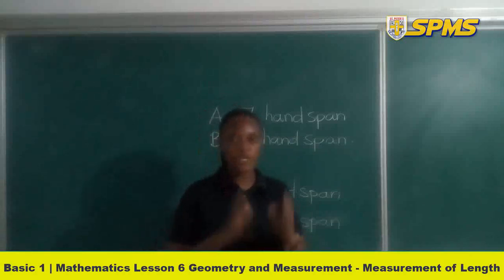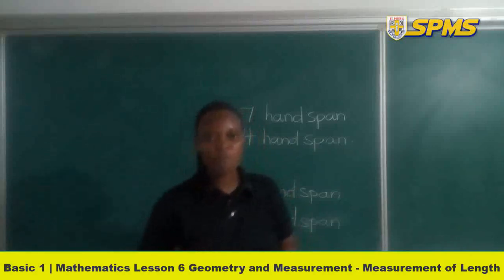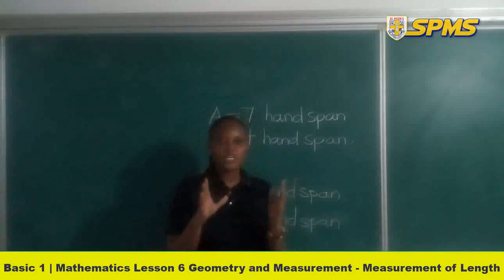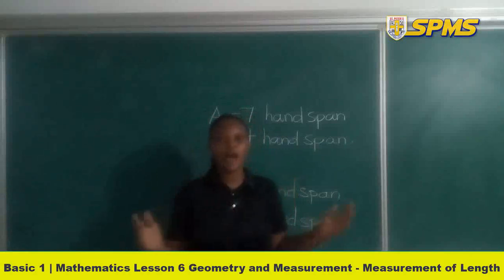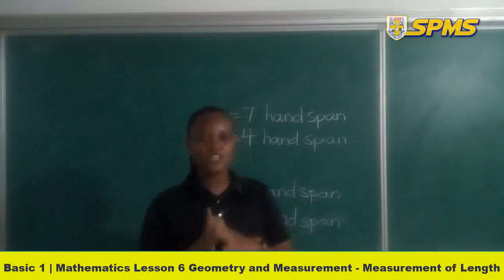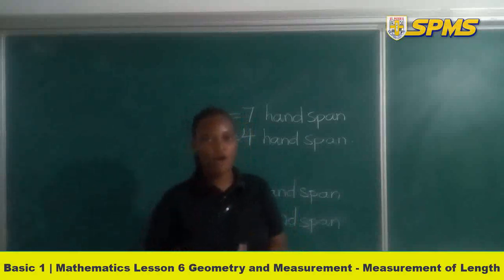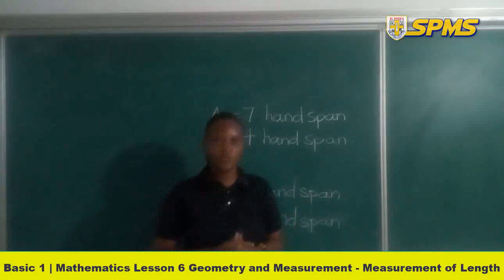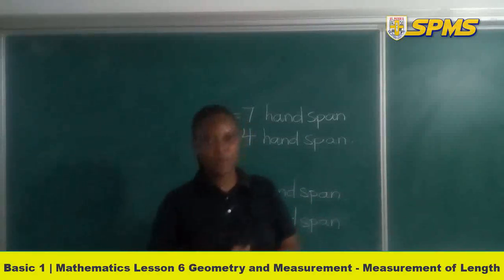And then we learned that we can measure length using some part of our body, which is the hand. We used the hand in measuring the length of the object, which is known as the hand span.